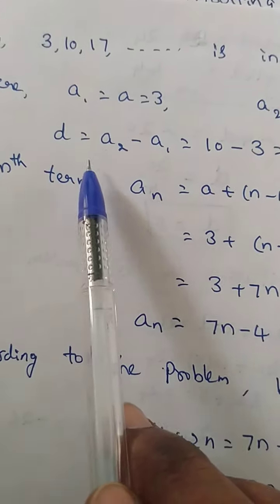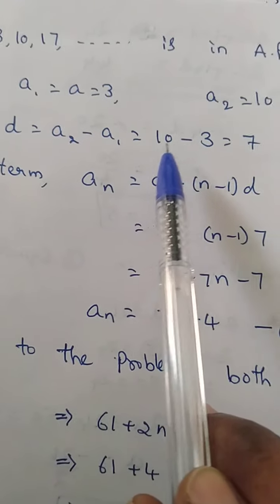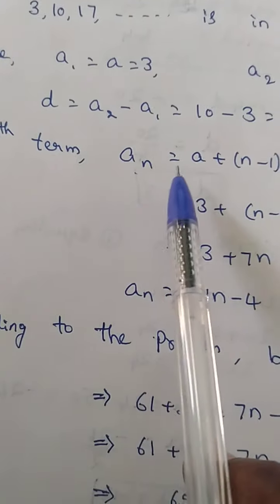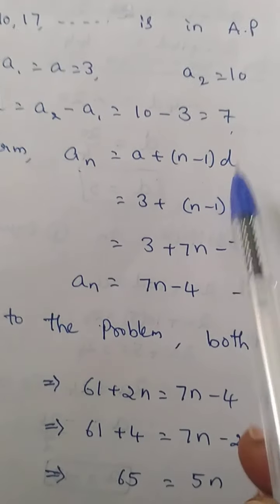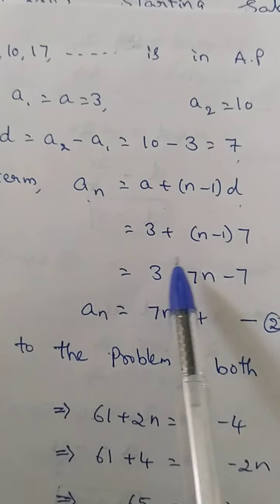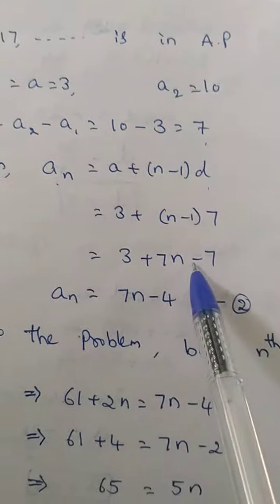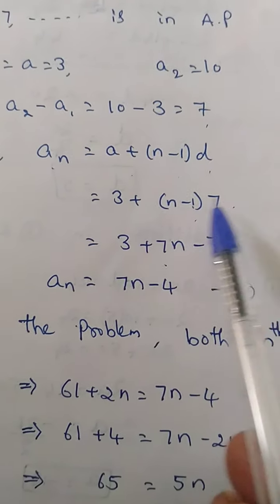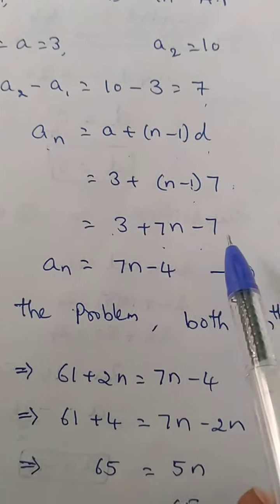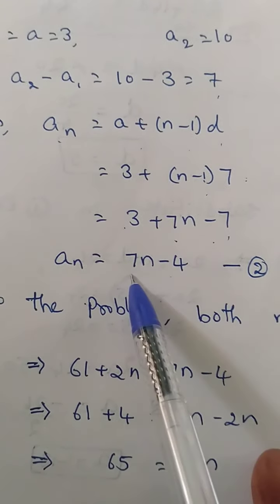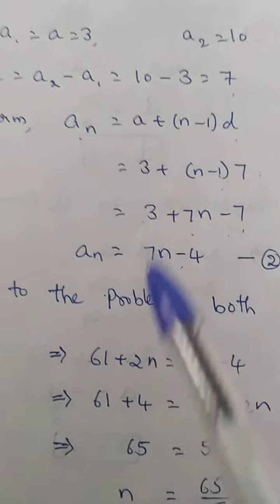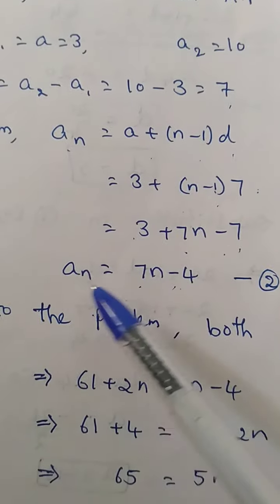Here d is equal to a2 minus a1, that means 10 minus 3 is equal to 7. So the nth term an is equal to a plus n minus 1 into d. Then a is 3 plus n minus 1, d is 7. 3 plus n into 7, 7n, minus 1 into 7, minus 7. 3 minus 7 is minus 4, plus 7n. It is the second arithmetic progression's nth term.